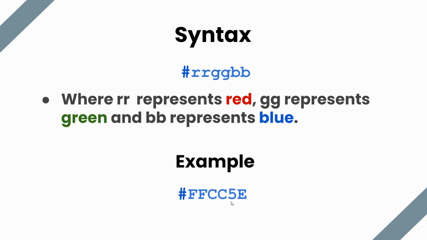And as you can see in the example, we have the hashtag FFCC5E. So the FF actually represents the red color, the CC represents the green, and the 5E represents the blue.